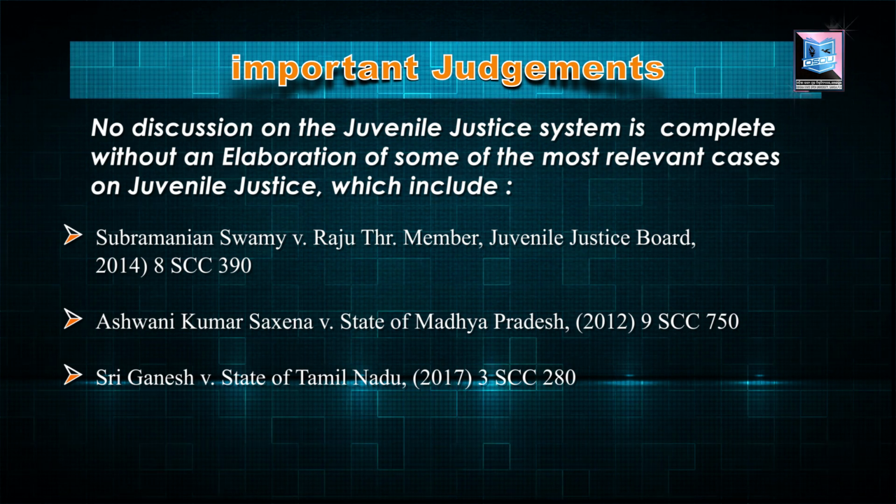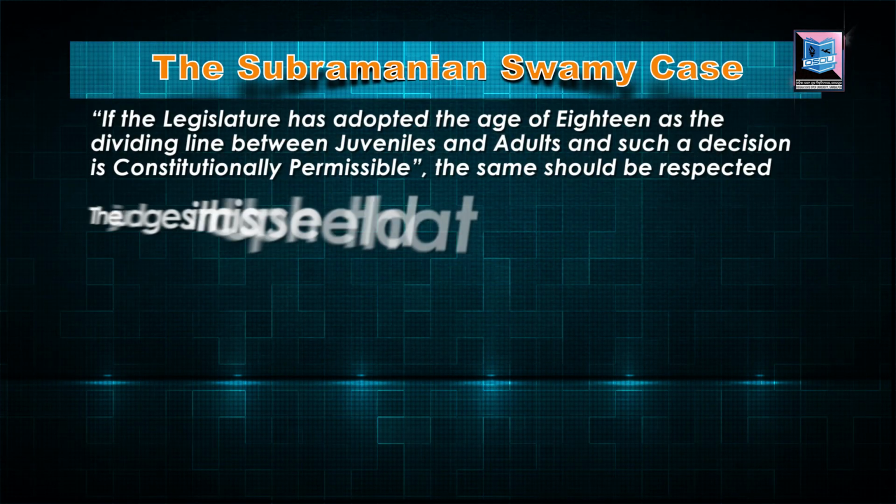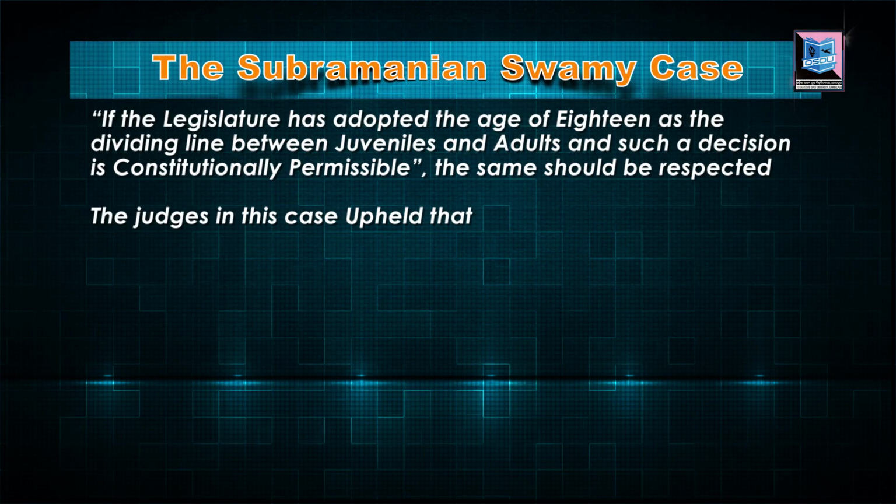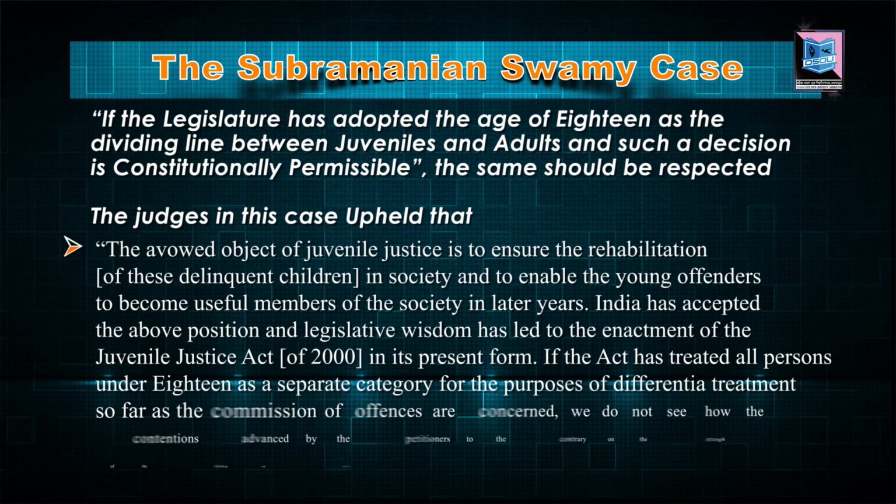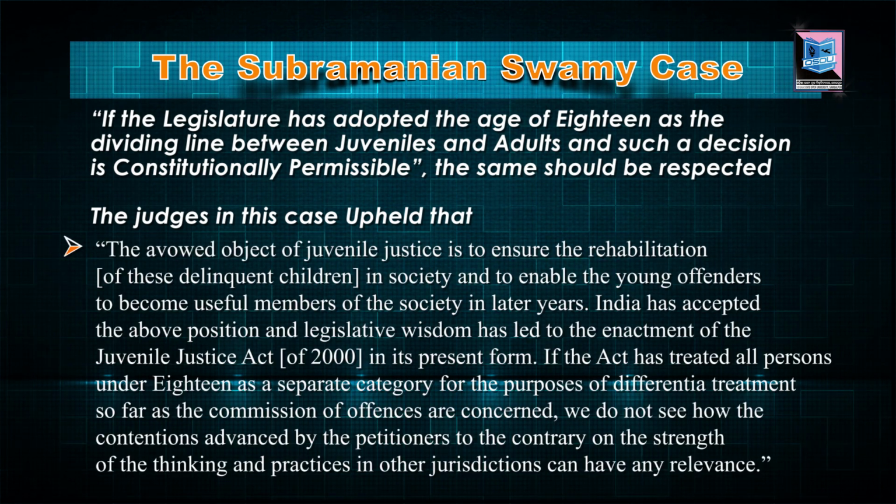The age of 18 years, which was prescribed under the statute, is the dividing line and must be respected. The aim of this case was also to give benefit of rehabilitation to these juvenile offenders so that they could become useful members of the society later on.